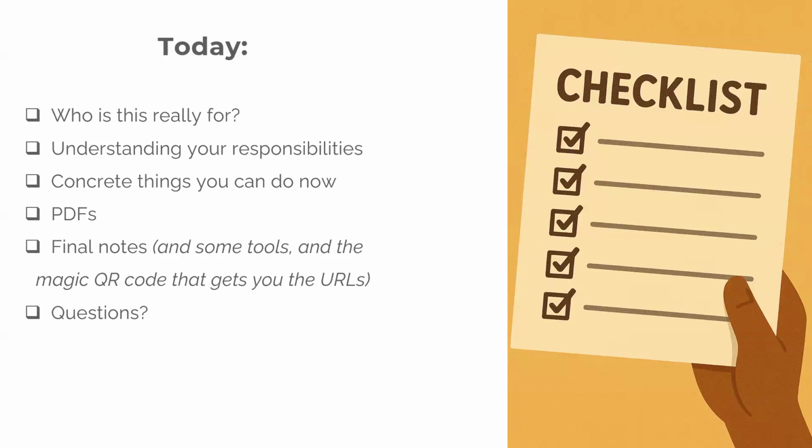I'm going to show you some concrete things that you can do right now to start getting some things remediated. I've got a special section specifically for PDFs because PDFs are kind of a special animal with a lot of special circumstances. And then some final notes with some tools, the magic QR code, and then we'll get to the question section at the end.